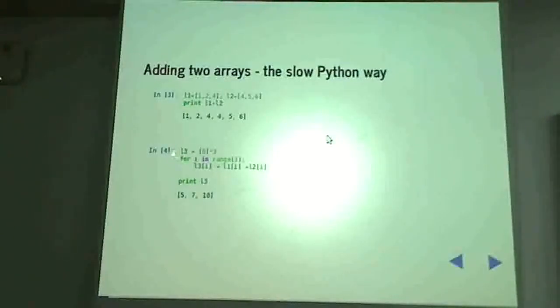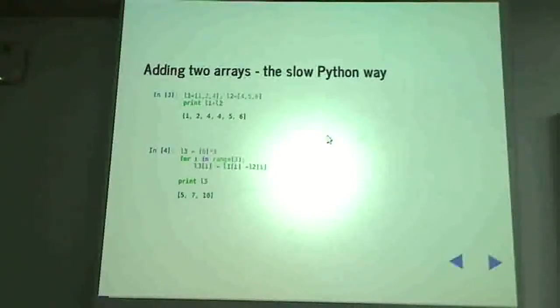On the other hand, if you do something like L equals 0 times 3, it actually gives you 3 zeros. So what we have done now is we have initialized the third list which has 3 elements and all of them are zeros. Then we put a for loop, for I in range 3.